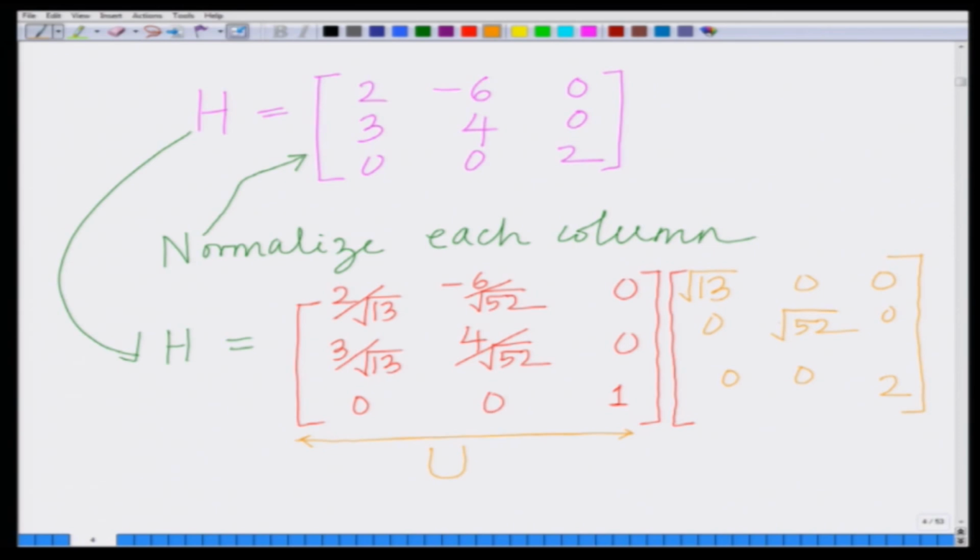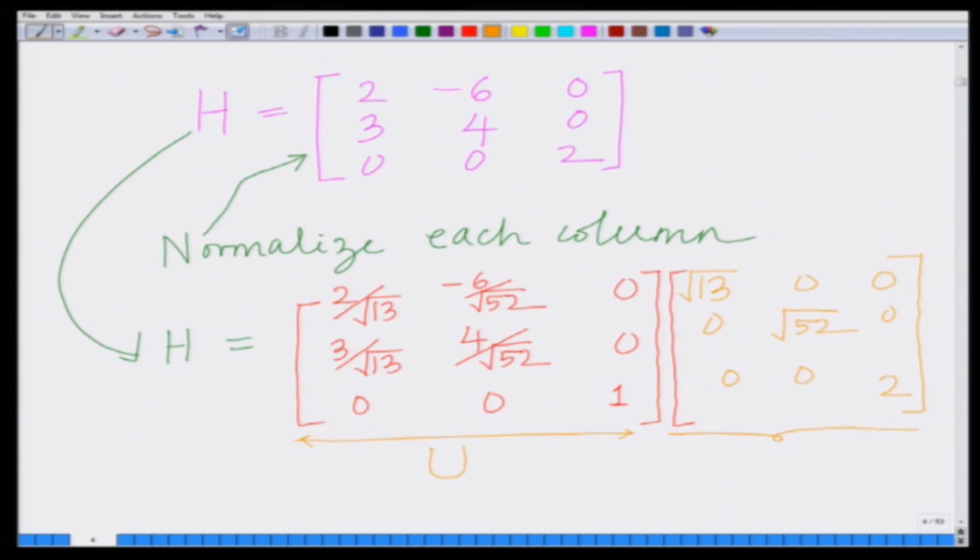So, I need the first singular value as square root of 52, the second singular value as square root of 13, the third singular value as 2. Therefore, now we have to order the singular values.